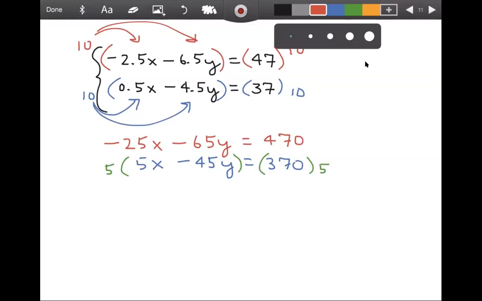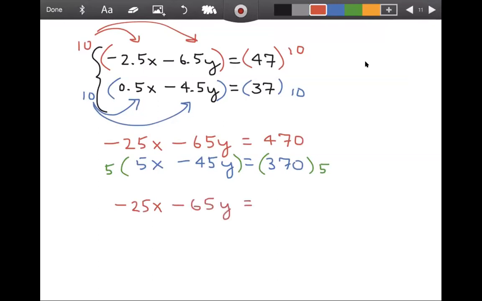We're going to keep the first equation the way it is, negative 25x minus 65y equals 470. But the new second equation will be 25x, and then let's see, 45 times 5, is that 225?